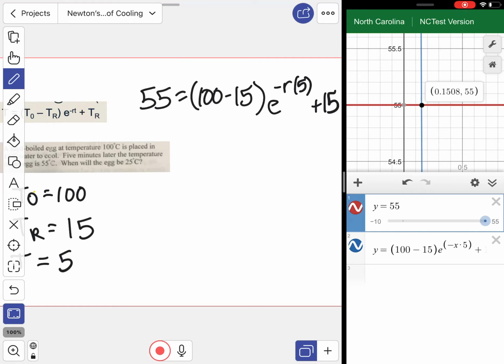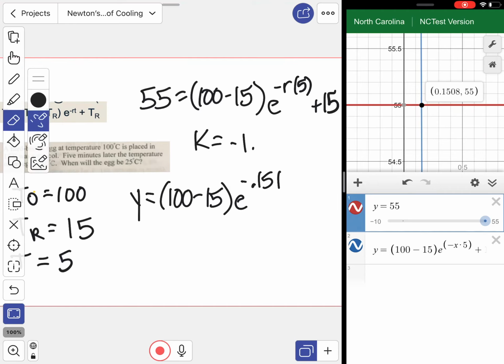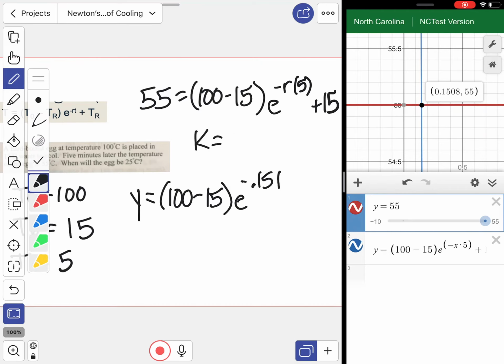So when we go back to substitute this in, we have y equals 100 minus 15, or if you want to make that 85, e raised to negative 0.151, because that's what we decided k was. Or excuse me, it's positive 0.151, but when we put it in the problem, it becomes negative. And that is going to be with time, plus 15.